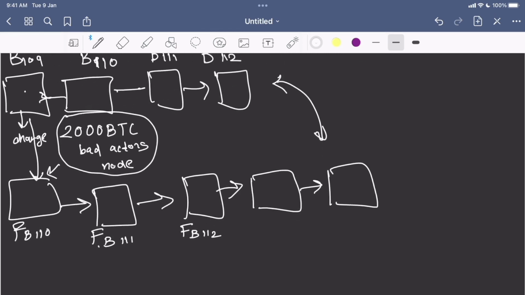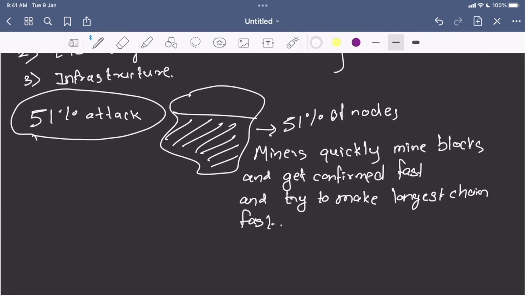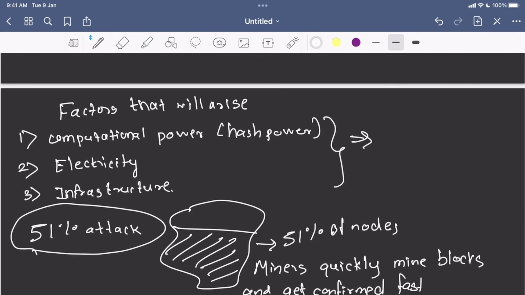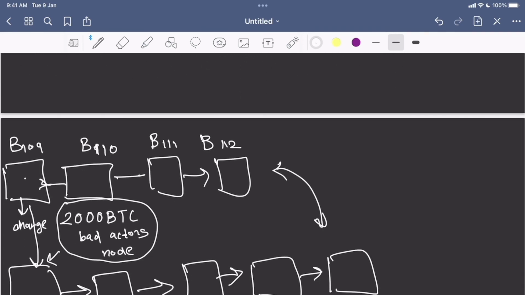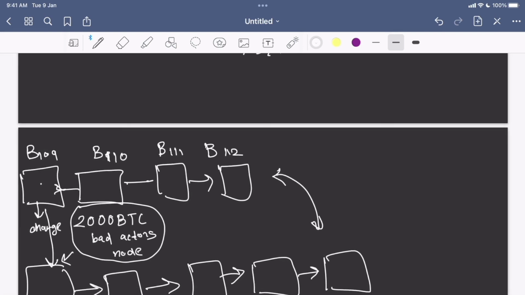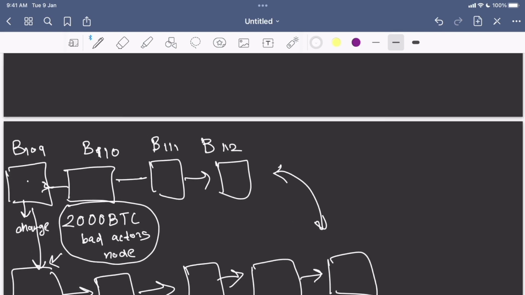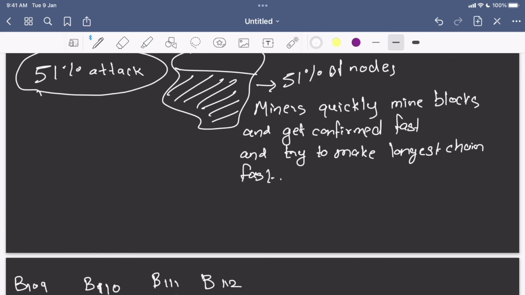But even if they own 50% of the network nodes, again the factors arise. They will have to keep syncing with their node partners. They will need a lot of computational power. They will be needing a lot of electricity and infrastructure. Many factors arise, right? So even the 51% attack is minimized. I'm not saying that it is not possible, but it is minimized to a greater extent.